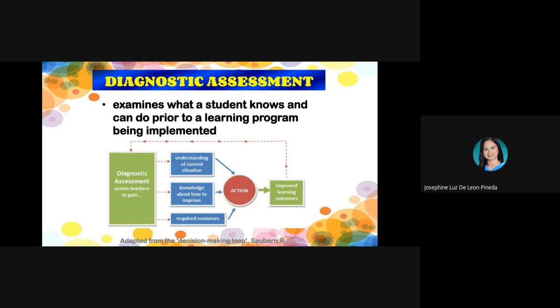And you will be assisted by the diagnostic assessment to do all of these three before you take your instruction or the action in this figure. Then the main goal of that is for you to improve the learning performance or outcomes of your students.